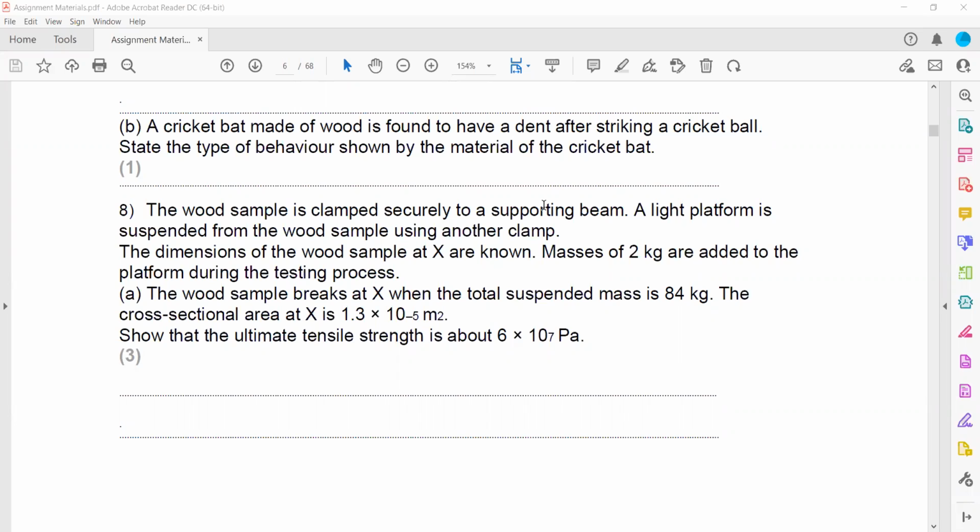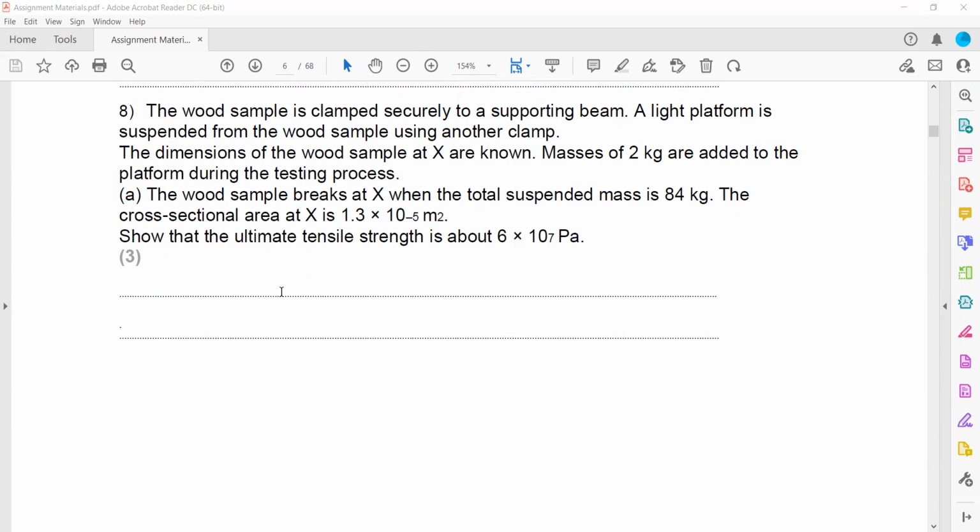When the ball strikes the bat and the bat changes its structure or shape, we call that it is showing plastic deformation, or plastic behavior, that it deformed and does not return back to the same original position. If it was elastic, then it should return back to the same original position.